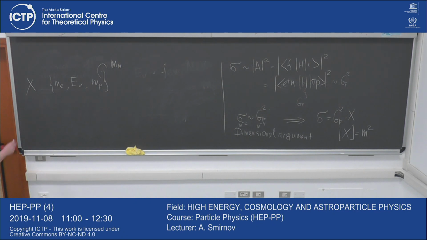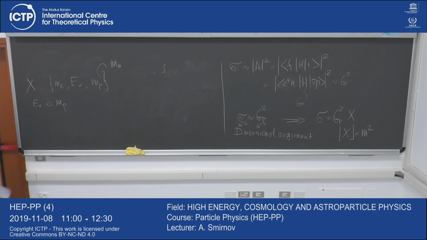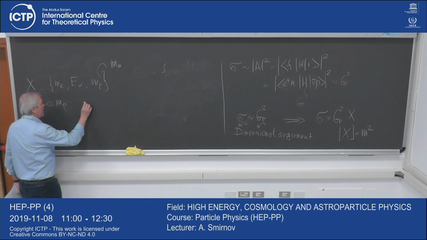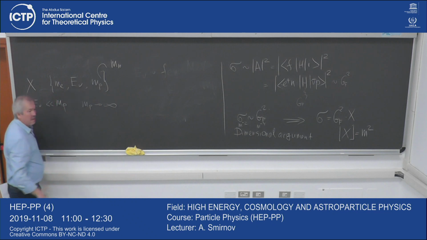So we proceed in the following way. The energy of the neutrino is much smaller than the mass of the proton, which means that I can neglect recoil. I think you will have an exercise at some point to estimate the recoil energy. Therefore, in the first approximation, I can take the mass of the proton as essentially infinity.